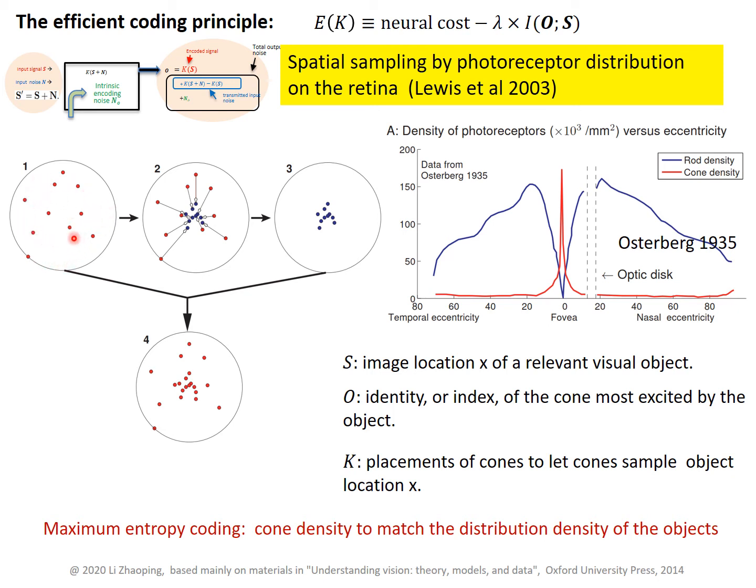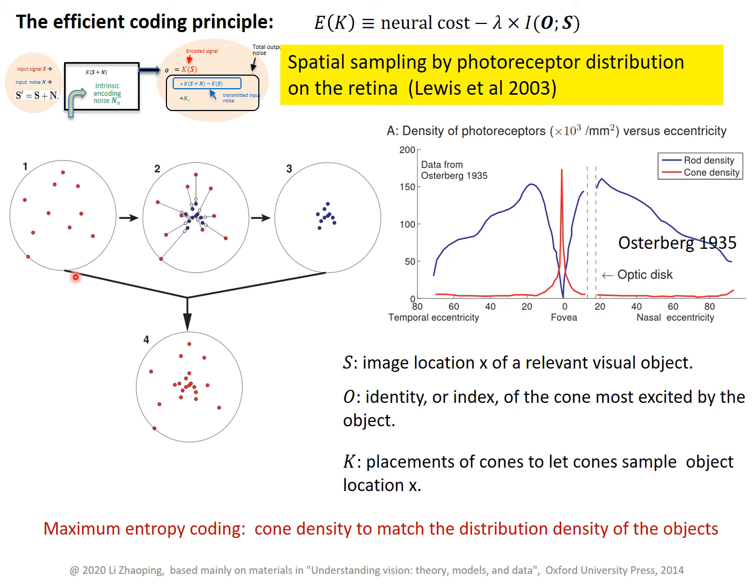Okay, and I should point out that we consider the case that each time there's only one object on the retina. You may say that this is not right. We have many objects in our visual field. They all fall onto our retina. Here I'm assuming that you are paying attention to only one object and ignoring other objects. And so only one object is relevant. Other objects do not count. This is an assumption or simplification for us to understand the cone density.